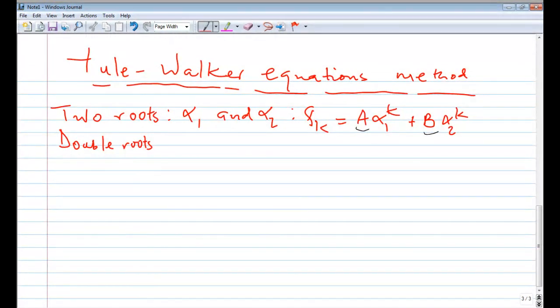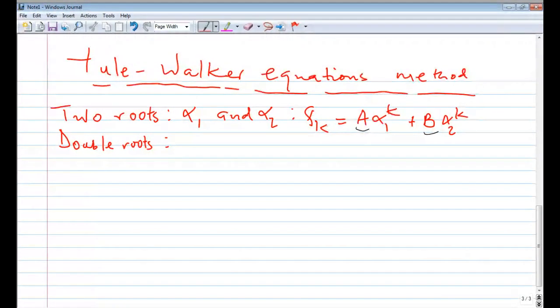Sir, are we also going to calculate alpha 1 and alpha 2? Yes, that's true. If you have A and B and alpha 1 and alpha 2, it's a matter of substituting k by 0 to get rho 0, k by 1 to get rho 1, and so on. But don't worry about that, you will understand later.